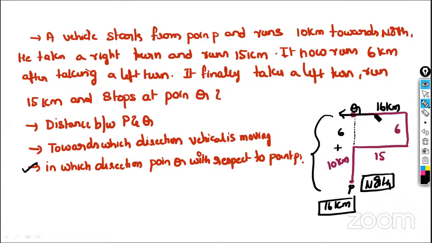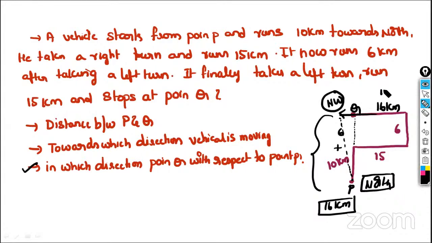If the vehicle moved here 16 kilometers, northwest, okay. Very good. Right. That means the direction is like this now. So then we take it as northwest.